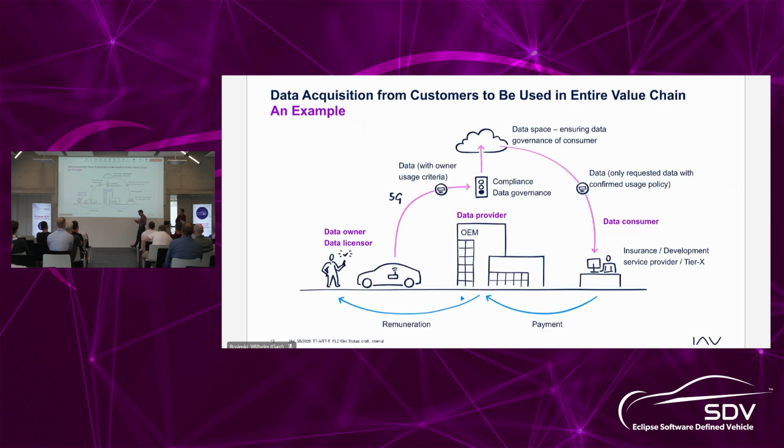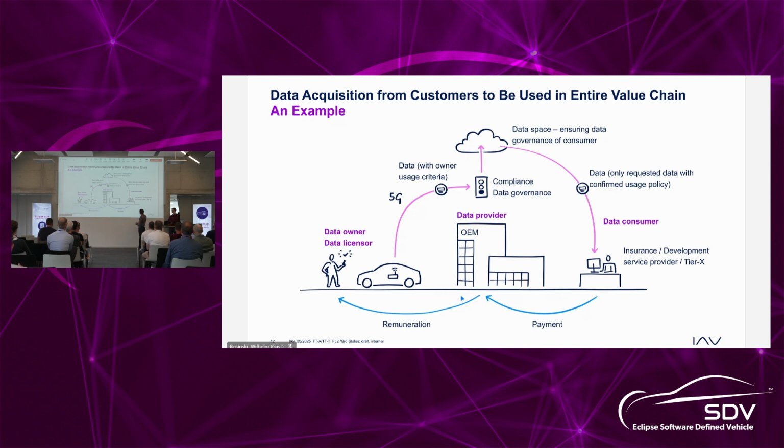So two examples to explain this a little bit in detail. First one is the development of feature rollout campaigns, where we create a new feature, roll it out to customers, and see what happens. That's DevOps, right? But surprisingly, the data owner for this process is the driver, and the OEM is only the data provider.